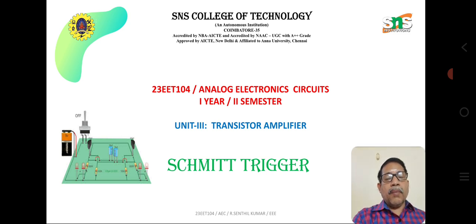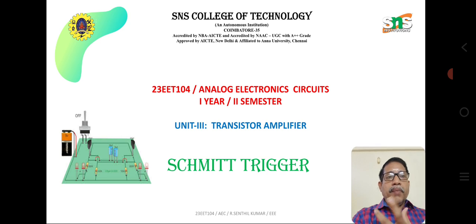Basically, you know about the 2 types of signals in electronics: one is analog signals and another one is digital signals. For many applications, we have to convert analog into digital signals and digital into analog signals, as we discussed earlier.